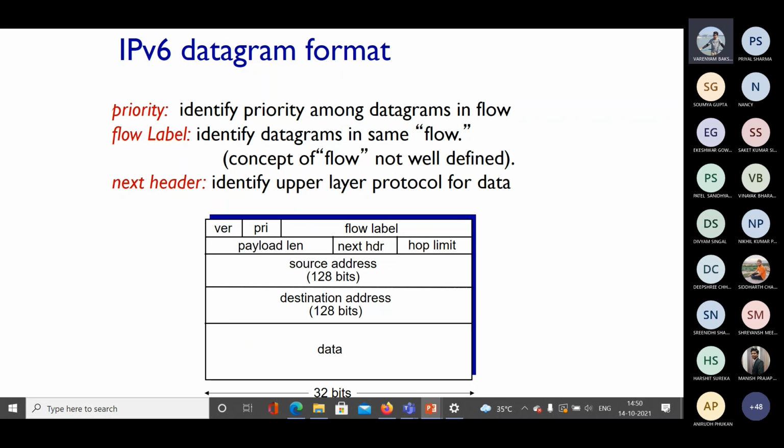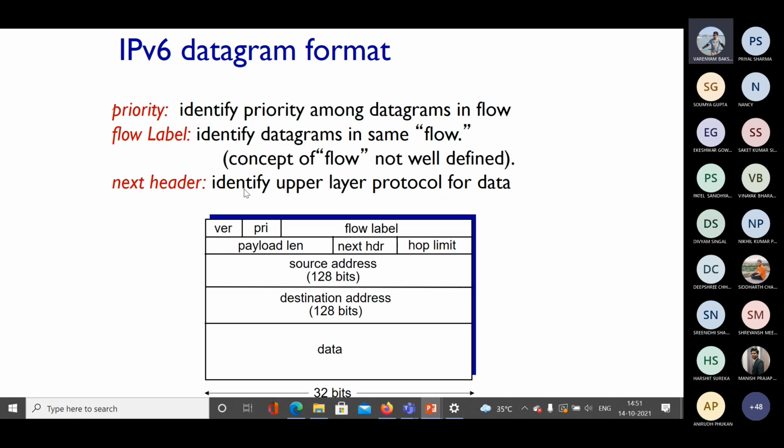Now, the concept of flow is not well defined, but it is basically how you identify the datagrams which are being transmitted together in the same flow.